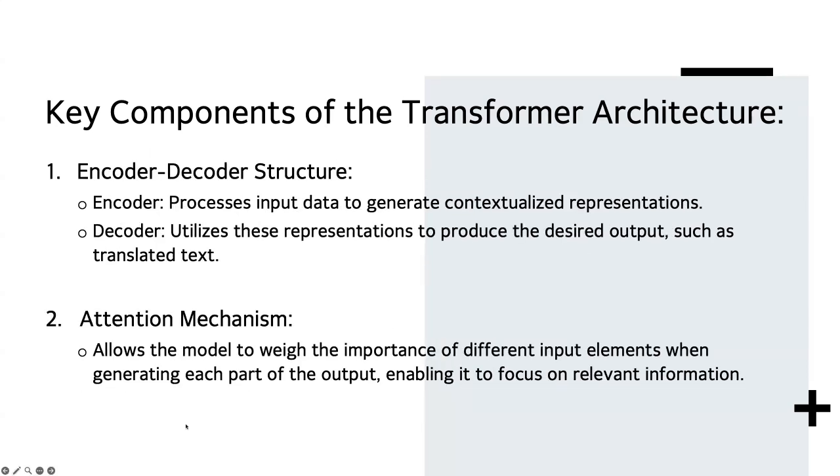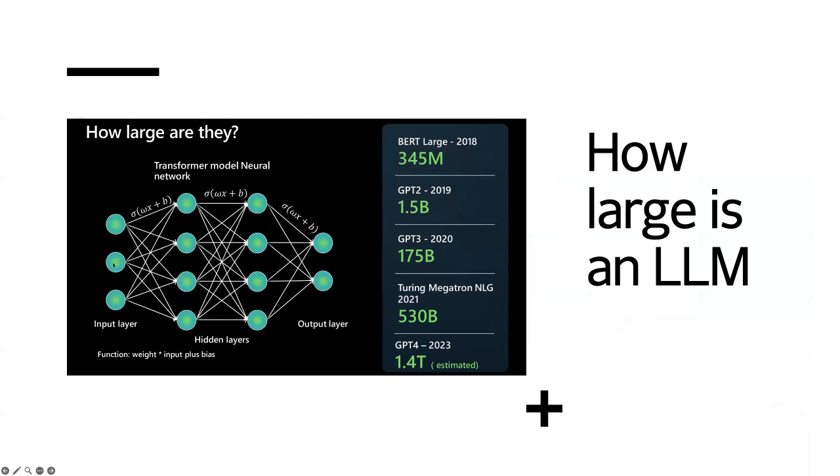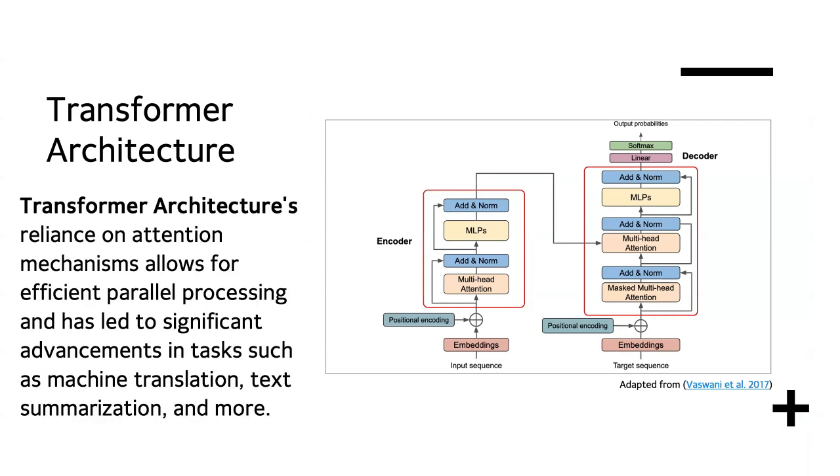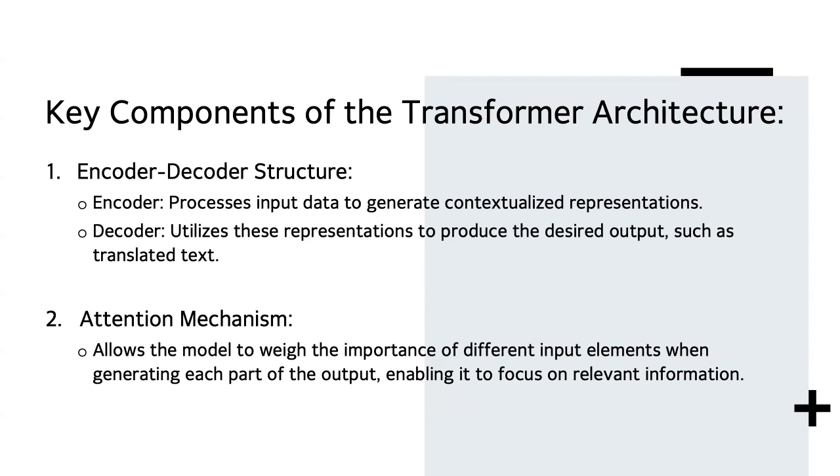And the attention mechanism allows the model to weigh the importance of different input elements when generating each part of the output, enabling it to focus on relevant information. These are the weights here, and this adjusts the importance and makes the architecture know which one is more important.